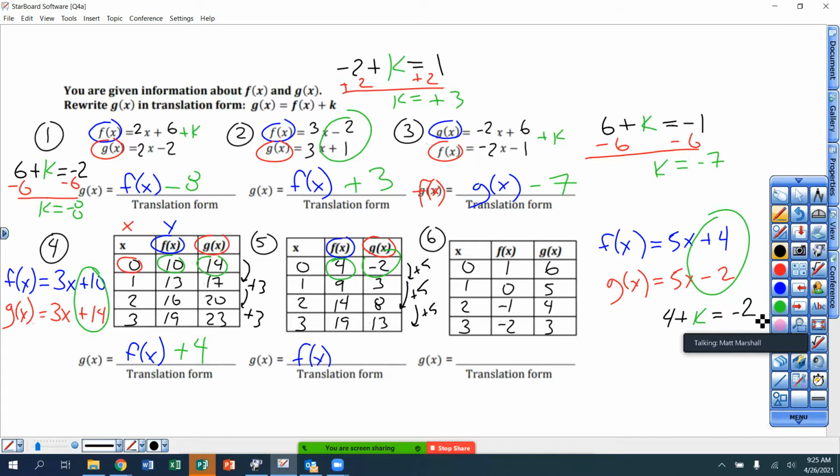Solve that for k. All right, what do you think? Anything I explained better, different about identifying the y-intercept of the new one and the original one? Seeing the change? Knowing what to write here? Notice this one, I didn't put f of x, I wrote g of x here.